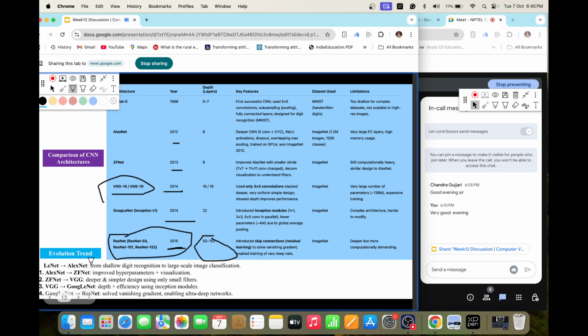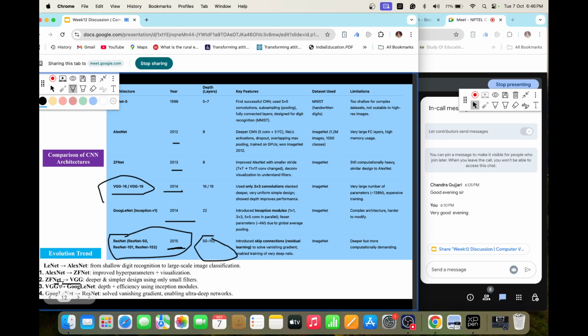I have also given the evolution trend. From LeNet to AlexNet, from shallow digit recognition to large scale image classification. Then AlexNet to ZFNet, improved hyperparameters plus visualization. ZFNet to VGG, a deeper and simpler design using only small filters, so that is important.